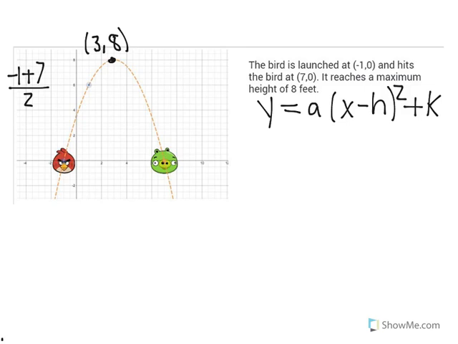So what you're doing is you're averaging the x-intercepts, and that's how you find the first part, the middle part of your vertex. So I'm going to plug that vertex into my equation.